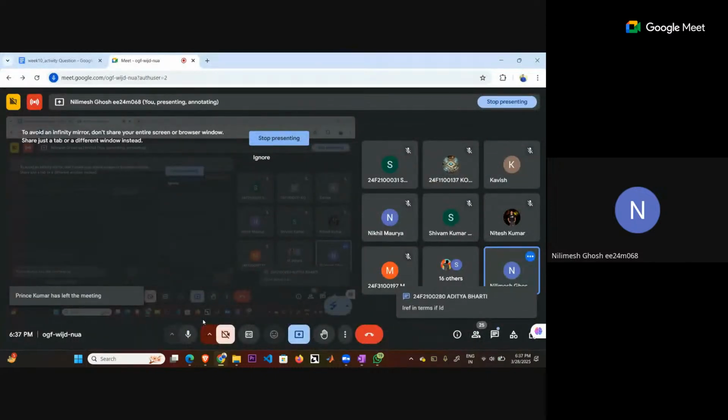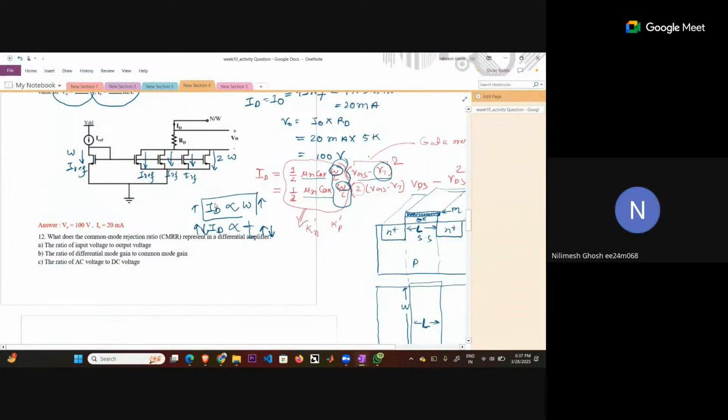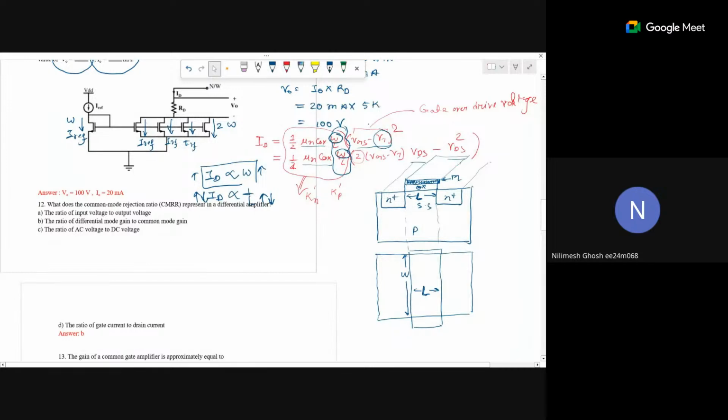So what is ID? We have to find ID. Now see, these three are IREF, right? Now I am asking about the current of the last branch, the transistor which has 2W.